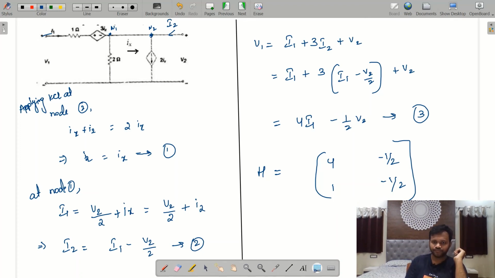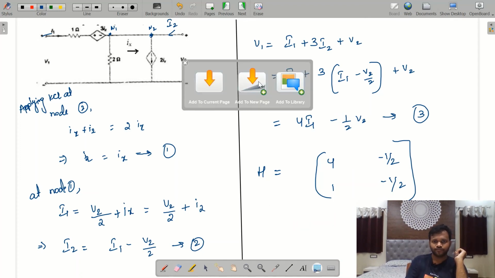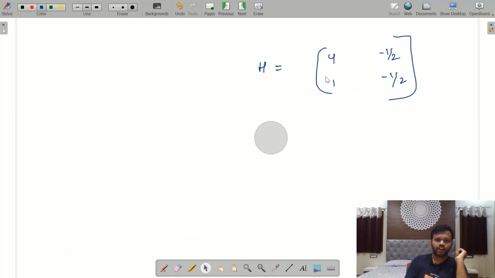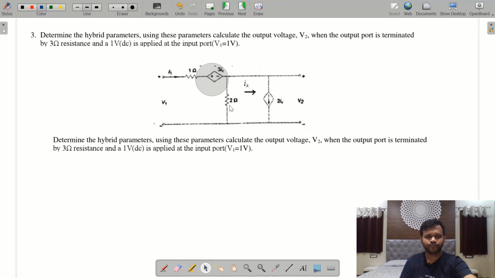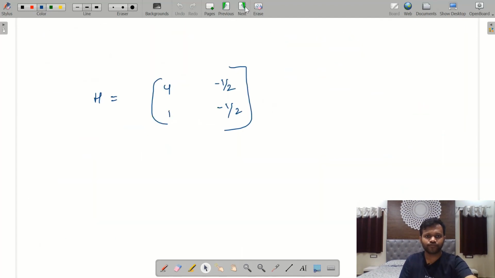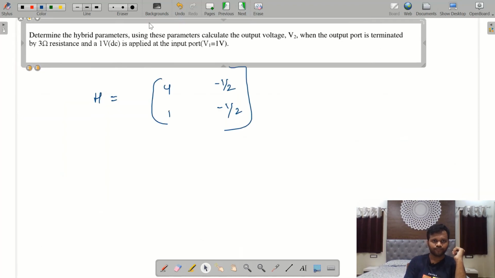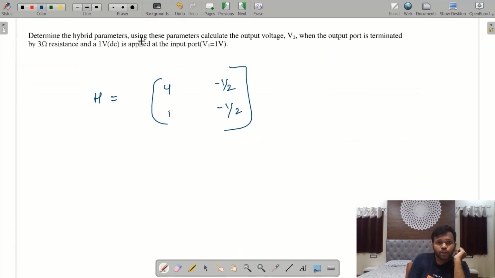We have not yet completed the question. There is one more thing they asked. Using these parameters, calculate the output voltage V2, when the output port is terminated with 3 ohms, that is, the load resistance is 3 ohms.